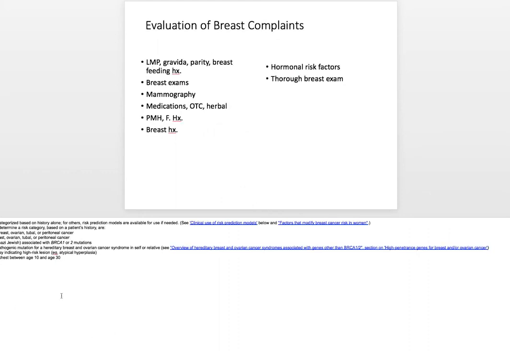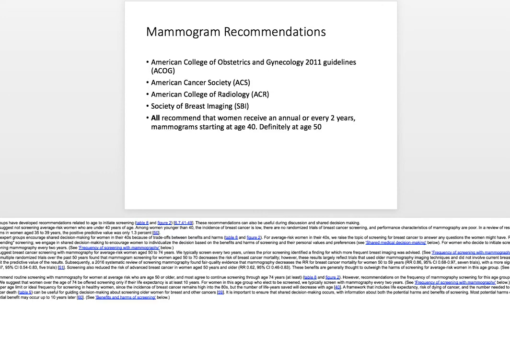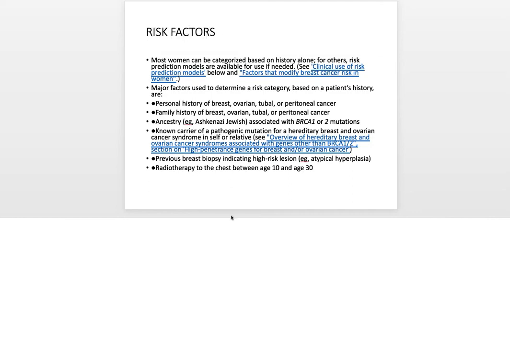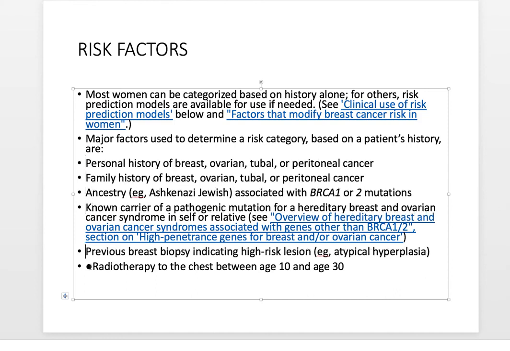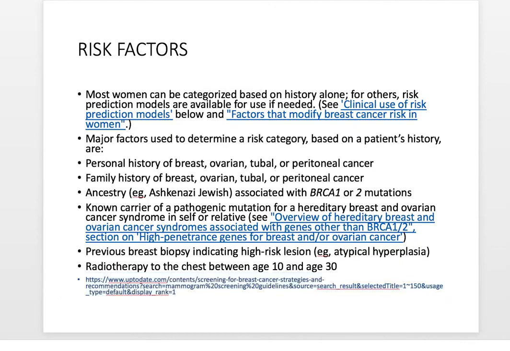So the risk factors that potentially... What are these?